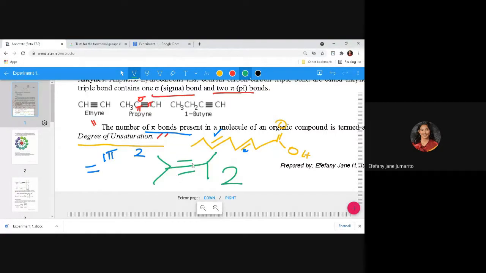An alkyne has 2 pi bonds. Therefore, if we are asked of degree of unsaturation, then there will also be 2 pi bonds. So degree of unsaturation is 2 also.